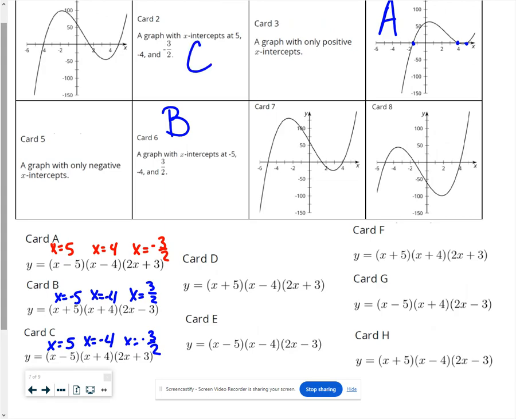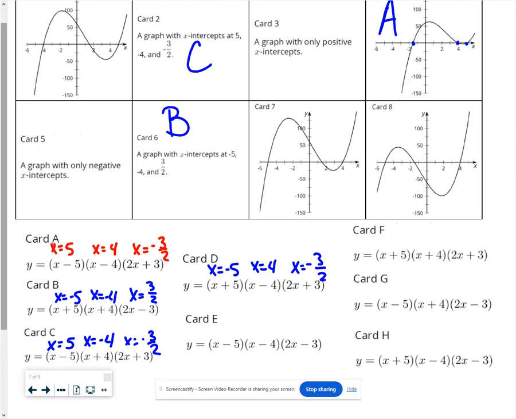For card D, finding my x-intercepts, I would have x equals -5, x equals 4, and x equals -3/2. Notice they're trying to keep those same numbers over and over and over, so we have to watch very carefully as we're doing this.